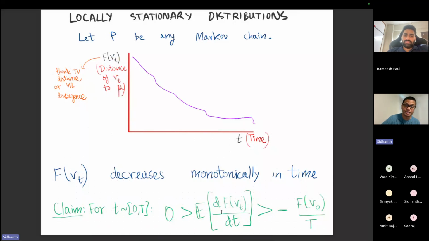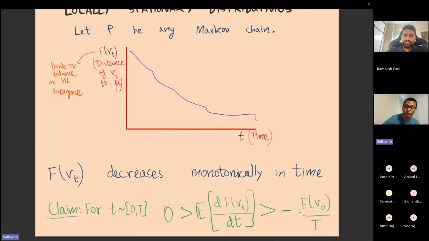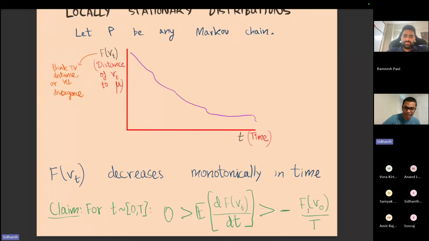Then the claim is that the distribution you reach after running it for little t time has the property that the divergence between the distribution and the target distribution mu has a derivative that is pretty small in magnitude. This number is always negative, but it's never too negative. It's only going to be as negative as the initial divergence divided by T, so something divided by n to the 20.